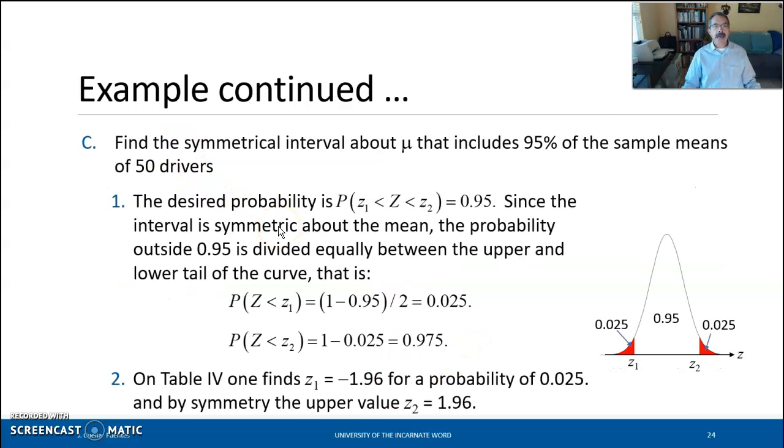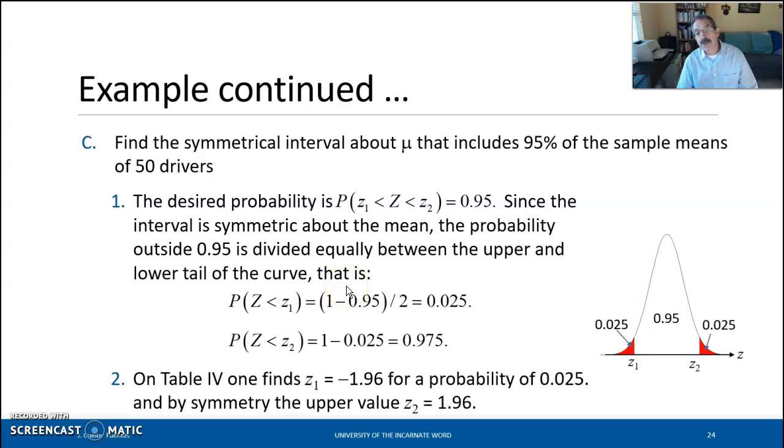In part C, they ask us to find the symmetrical interval about the mean that includes 95% of the sample means of 50 drivers. So the probability we're looking for is that the z random variable is between two z values, z1 and z2, with a probability of 0.95.